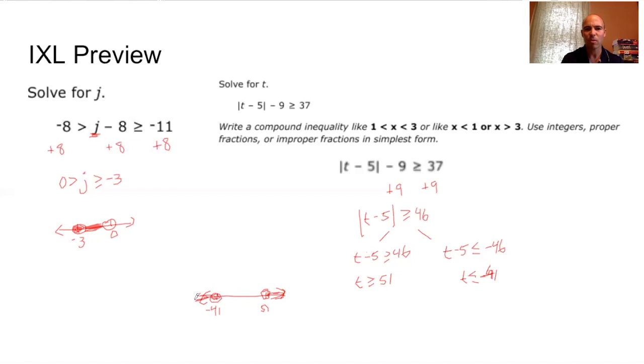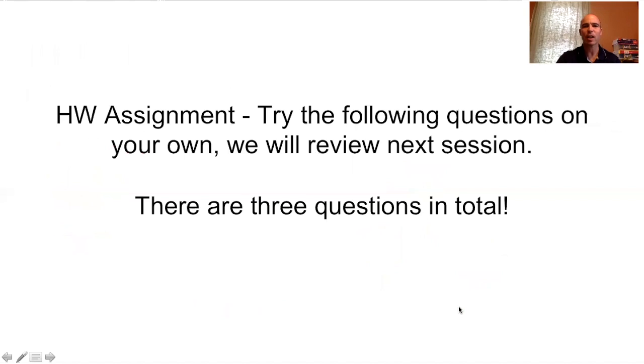The way you would write this would not be an interval statement like you saw over here. It would be one of these where we would say t is greater than or equal to 51, or t is less than or equal to negative 41. Sorry about my handwriting, you guys, doing the best I can. All right, anyway, that's the hardest thing you're going to do on your IXL.